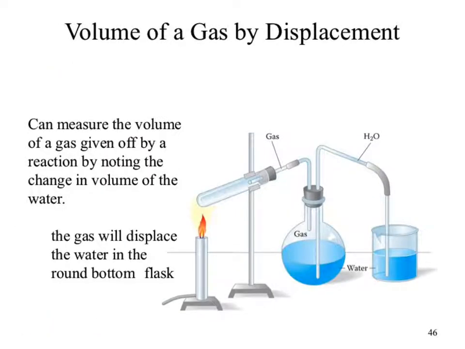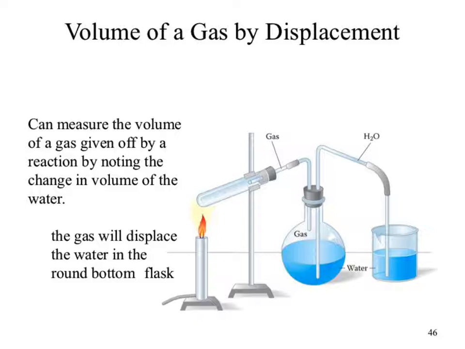Okay, we can do this with a gas as well. The textbook shows this neat little system here. The idea is that we do a reaction here, we form a gas, and that gas then tries to fill this closed container. So it's going to increase pressure on that container, causing the liquid to move down away from it.